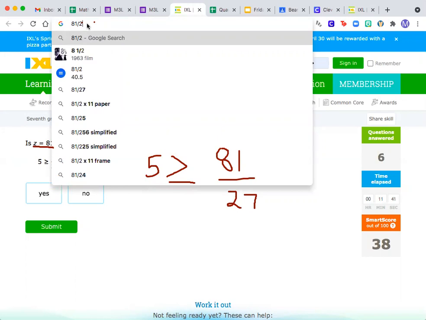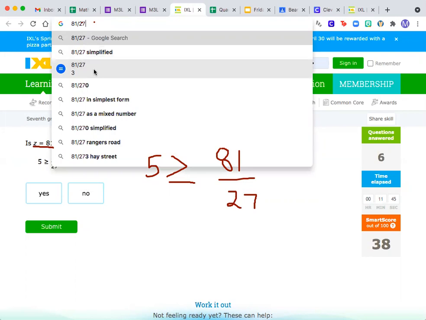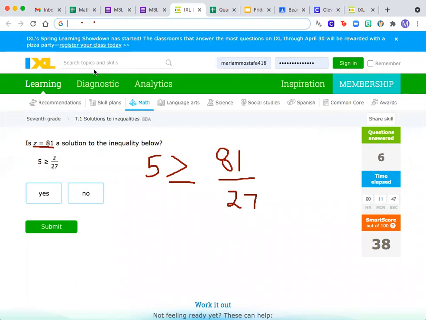That's 3. Okay, 81 divided by 27 is 3. So it's saying that 5 is greater than or equal to 3. And that's true. 5 is greater than or equal to 3, so we say yes.